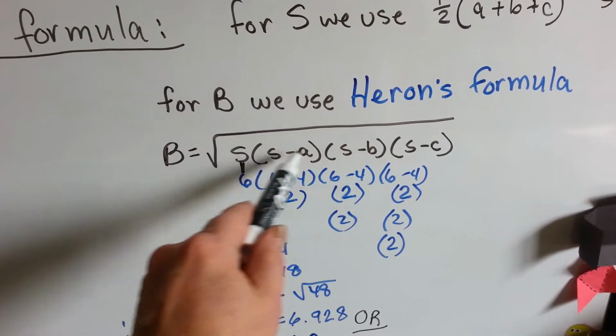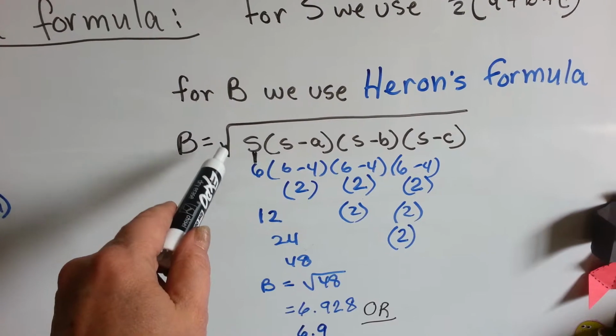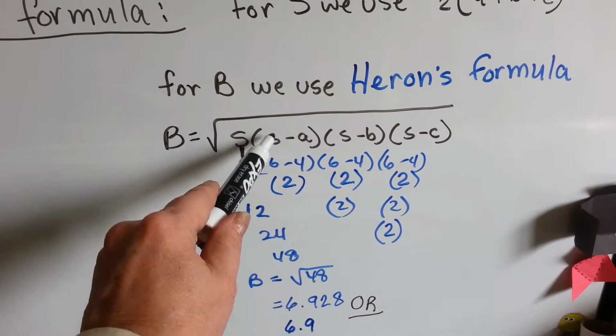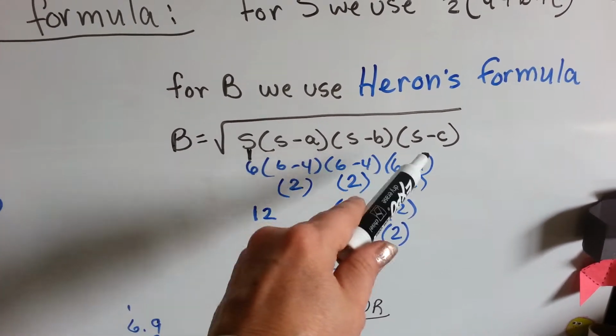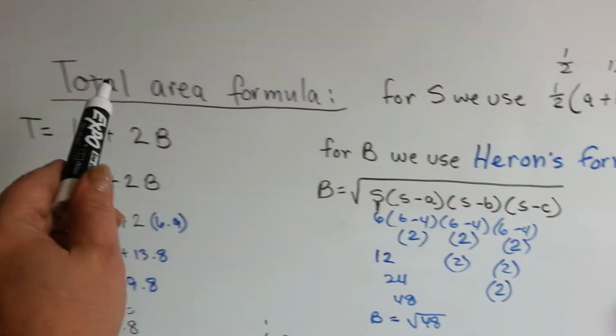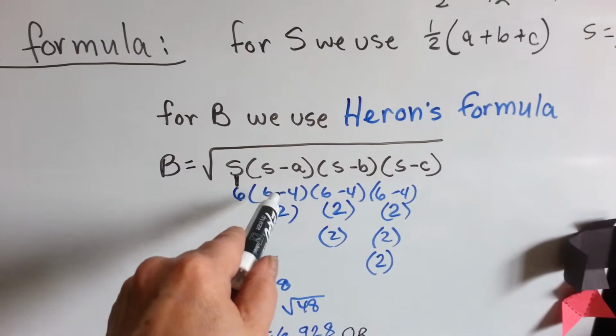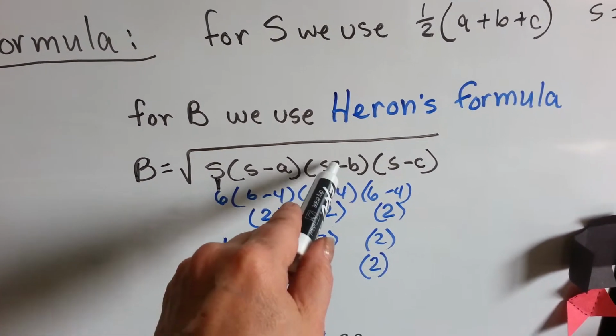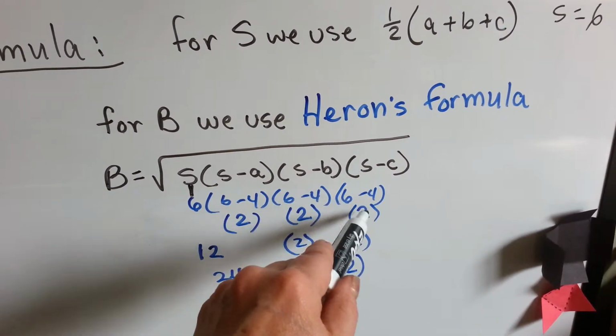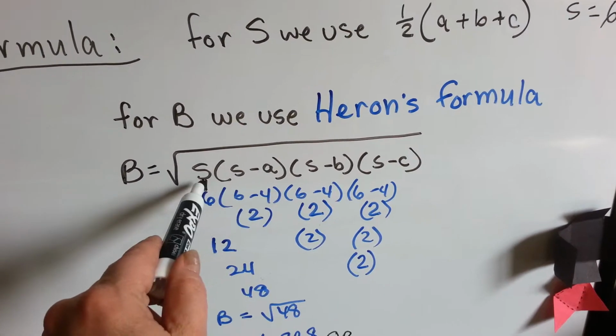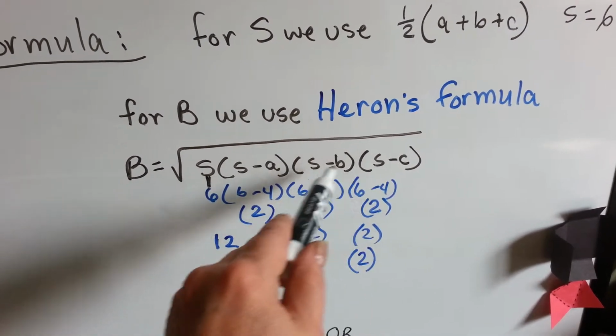Once we find all these, we've got to figure out what it's the square root of. So S minus A, and we know A, B, and C are each 4. So 6 minus 4 is 2, 6 minus 4 is 2, and 6 minus 4 is 2, because S is 6 and A, B, C are each 4.